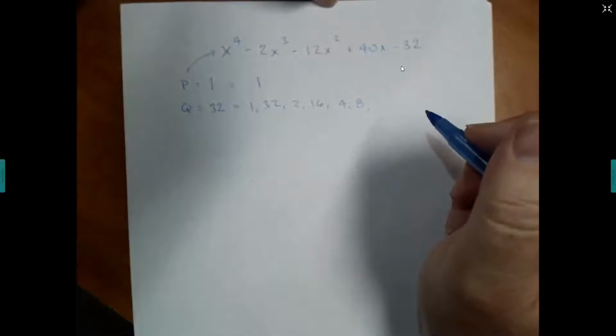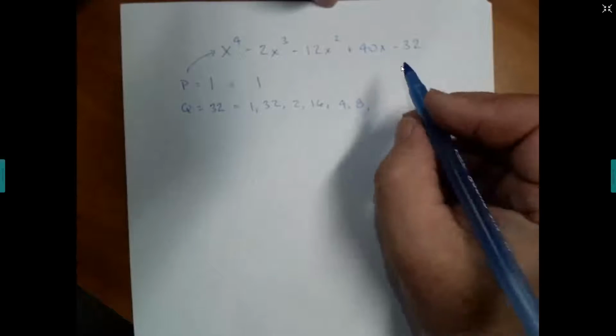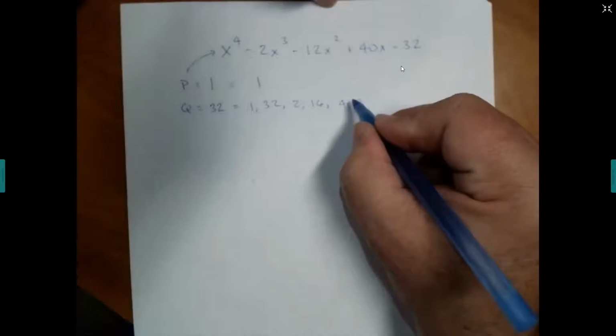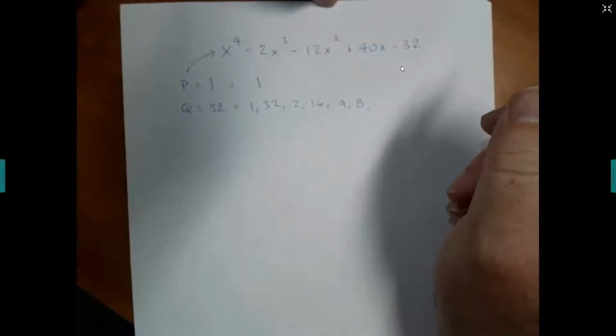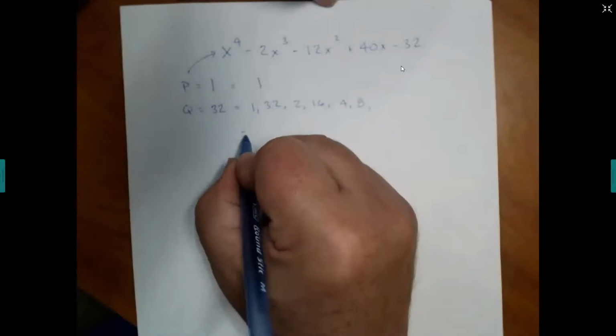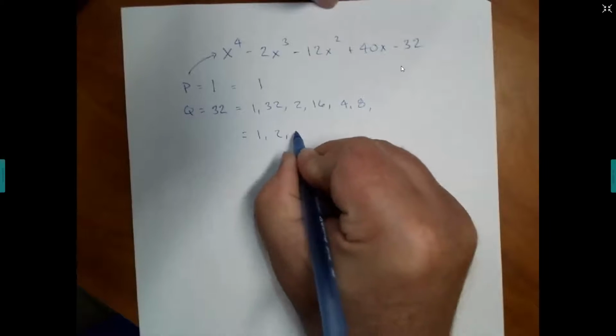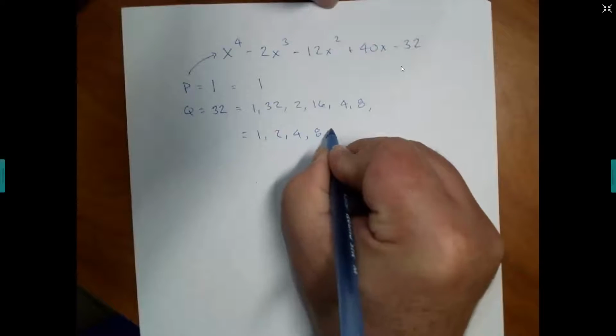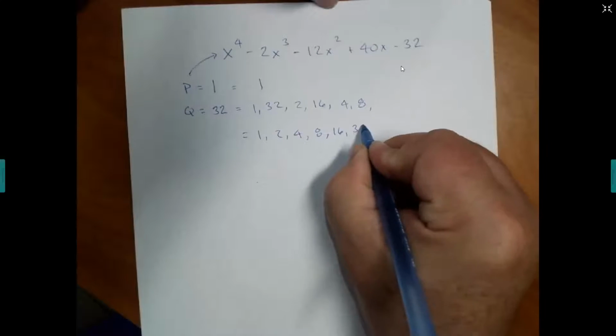Let's see, 2, 4. That's it. Because if you factor any of these guys, it's just, yeah. So we have 1, 2, 4, 8, 16, 32.